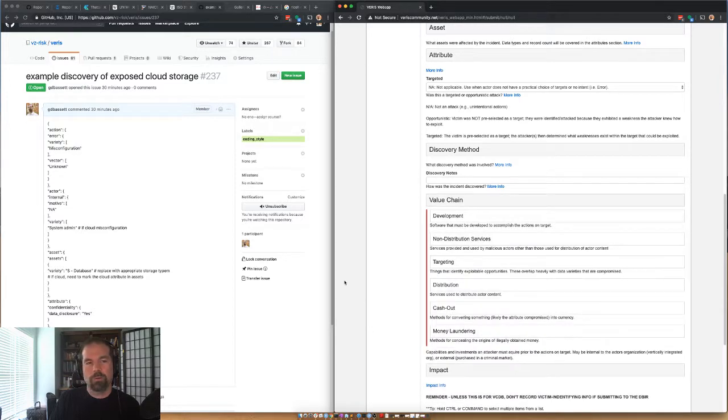Value chain is something new we're trying to capture, and it really doesn't apply here. It applies for more malicious breaches. If you had ransomware, you want to know, did the attacker have to develop their own software? Did they buy it?